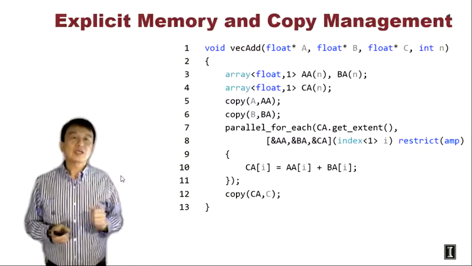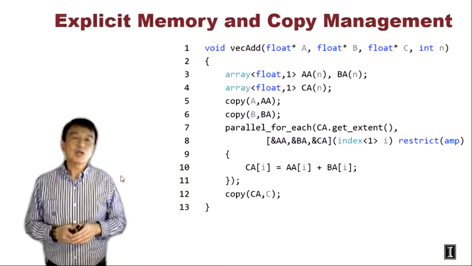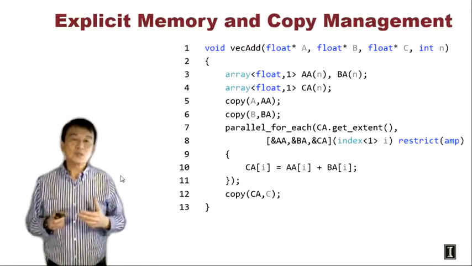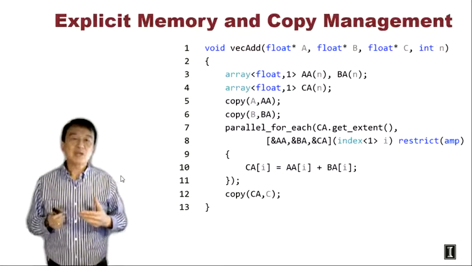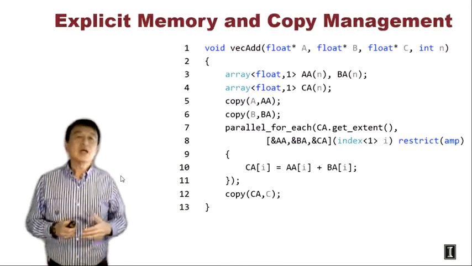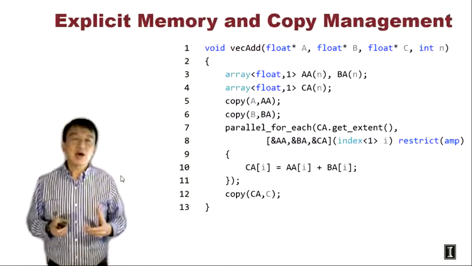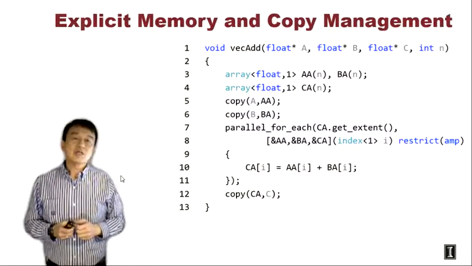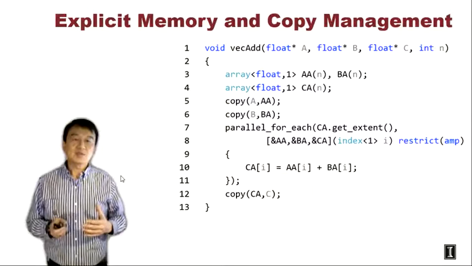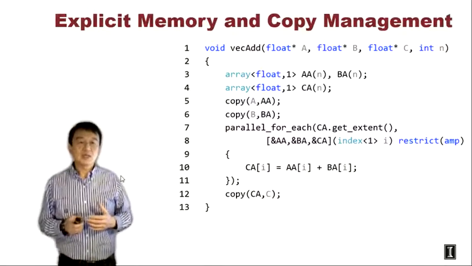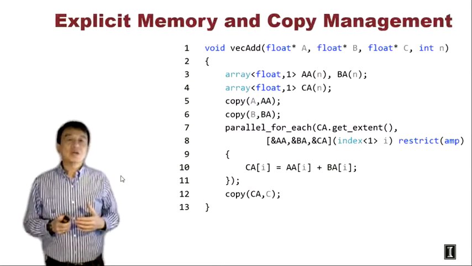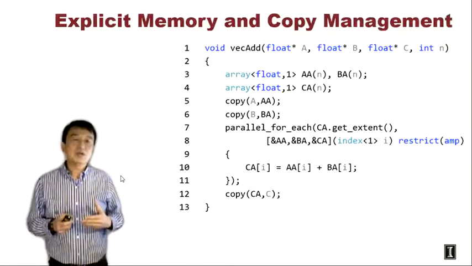So here is a situation where we want to explicitly manage device memory allocation and data copy. C++ AMP does allow us to do that. The default, or intended, use of device memory in C++ AMP is through array view.